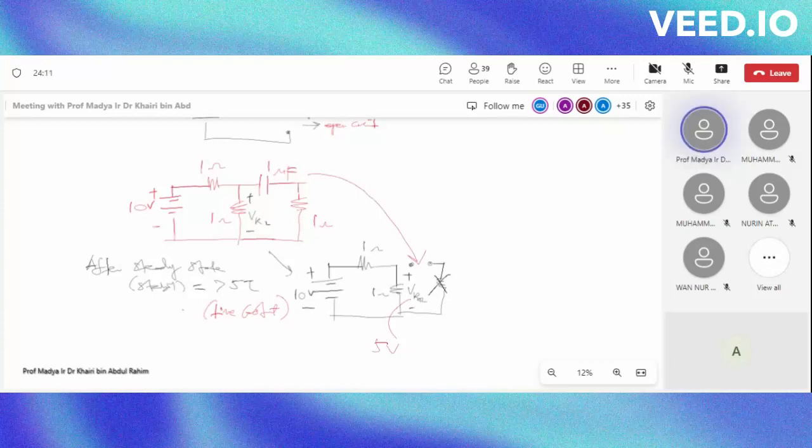And you normally don't count or calculate this. So that's the main concept of capacitor. Okay, that after steady state, the capacitor becomes open circuit. Okay, just hold on.